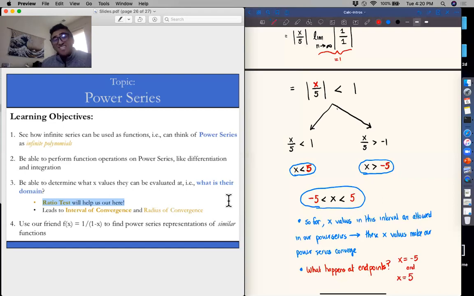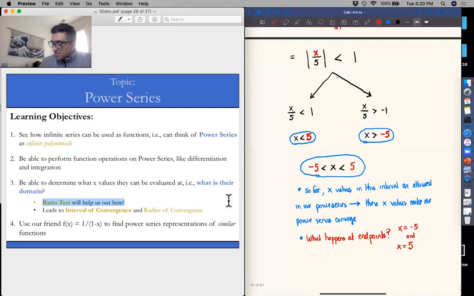So we actually need to check these endpoints individually because again, where this inequality came from a few minutes ago was because when the ratio test gives us a value less than 1, we know it converges. But when the ratio test equals 1, it's inconclusive. So that's why we have to test next these endpoints individually. So that brings us to step 2.